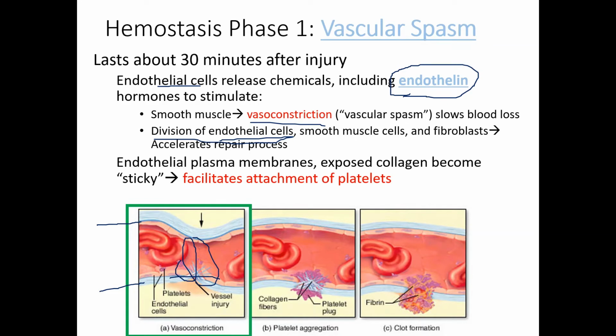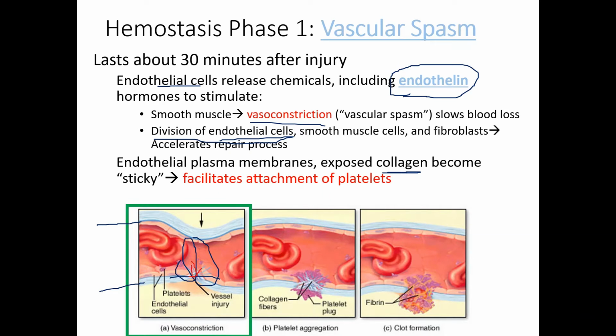What's also happening is that when this tissue is damaged, it exposes collagen. Collagen is just naturally part of the extracellular matrix, and so when the tissue is disturbed in such a way, the collagen becomes disorganized, and we can actually see that in this diagram that I drew.